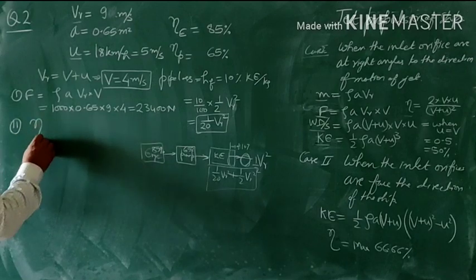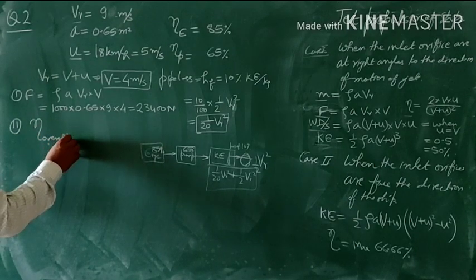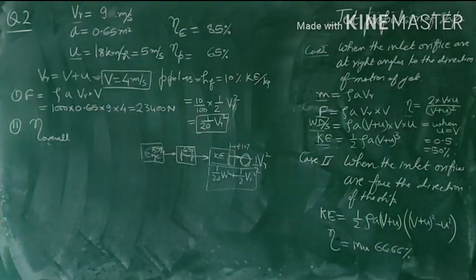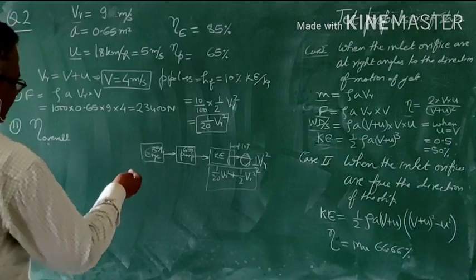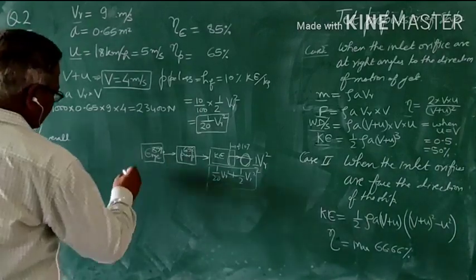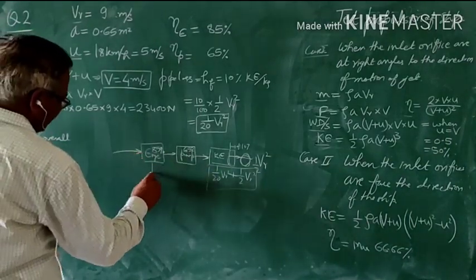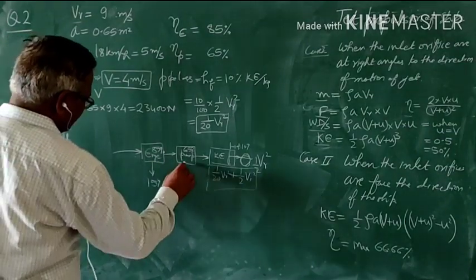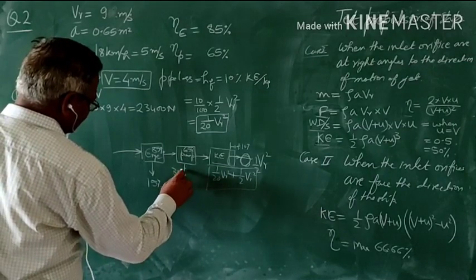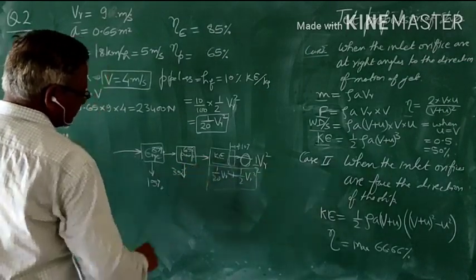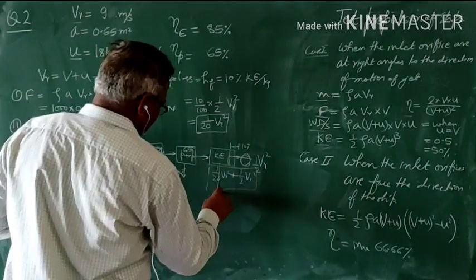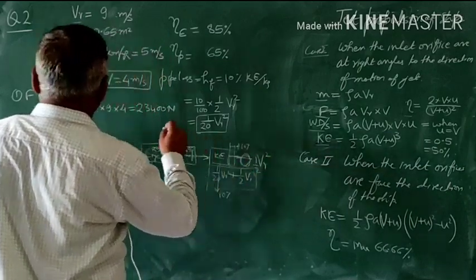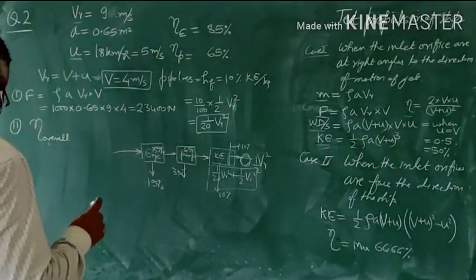To find out the overall efficiency, we have to find out the work done by the jet and the total energy which we are supplying to the engine, because whatever we are supplying to this engine, 15% is lost here, then the balance is supplied to the pump, which loses 35%, the balance is supplied to the kinetic energy of the jet and it loses 10% of that. The balance is the work done which we are getting actually.